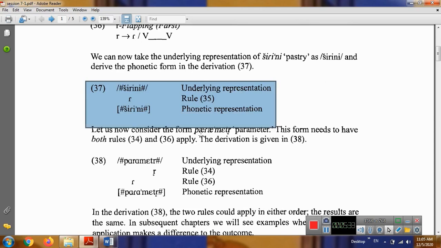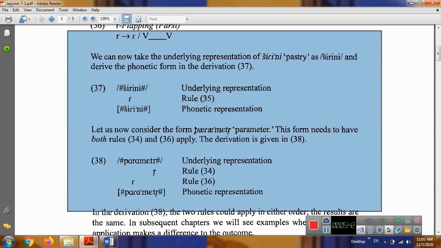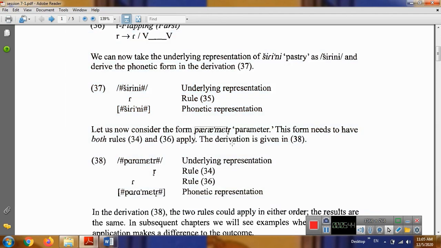Let us now consider the form parameter. Here in parameter, we have both the devoiced re and the flap re. We have two environments which can change the trill re to flap and to the devoiced.